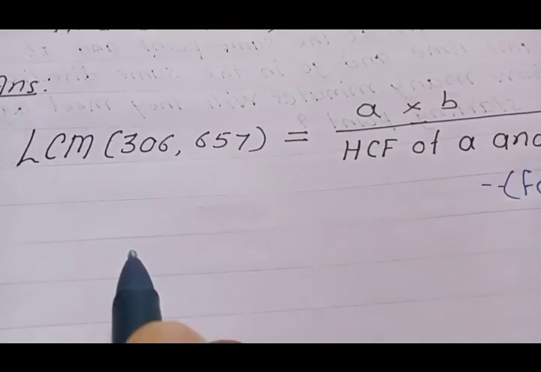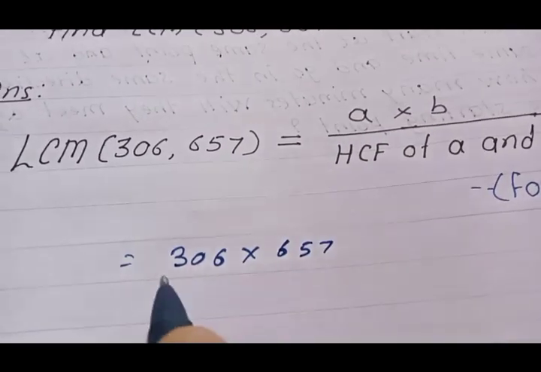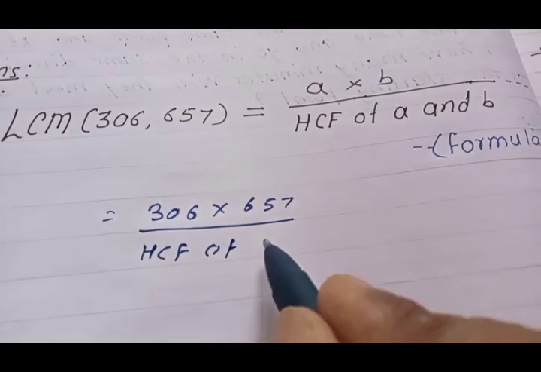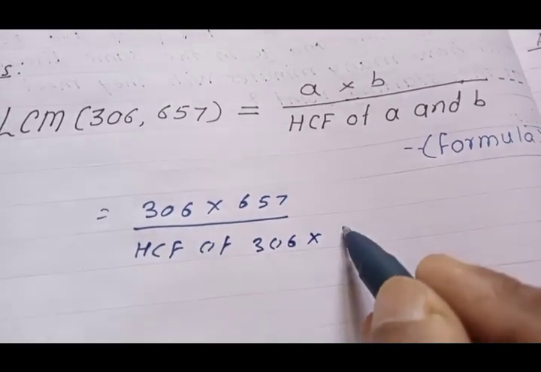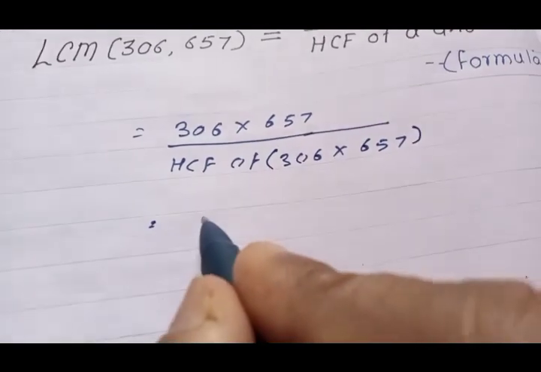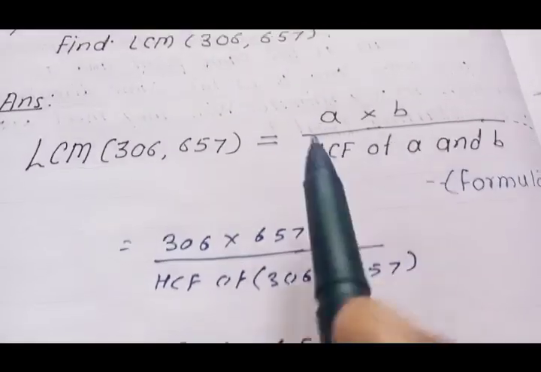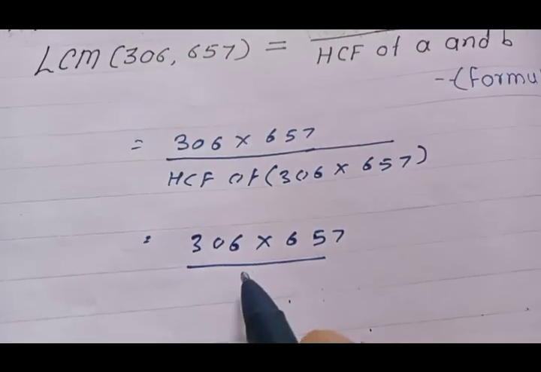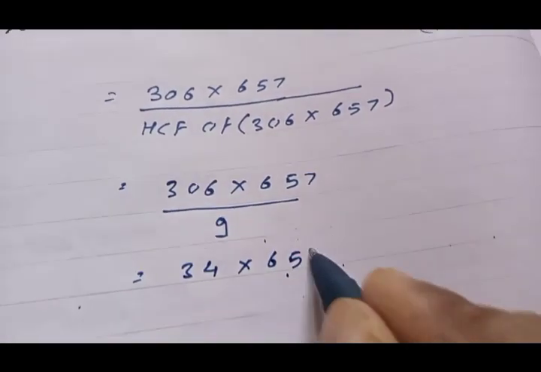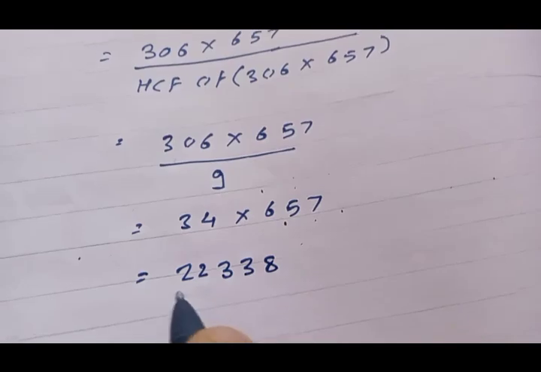So here a is 306, b is 657, upon HCF of a and b, that is 306 into 657 upon, here given HCF 9. 306 divided by 9 is 34, into 657, multiply, 22,338. This is the answer.